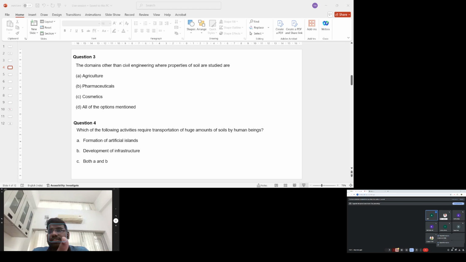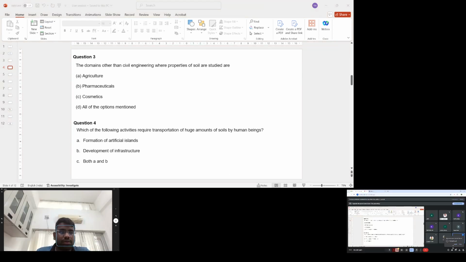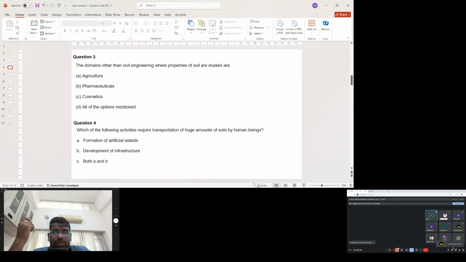Studied in the context of this: we have agriculture, the map of soil, in which they have already done a lot of work. Some of the properties which we study here are utilized in other fields also. So that is the context the question was framed.